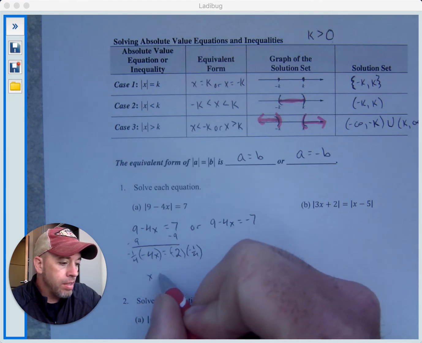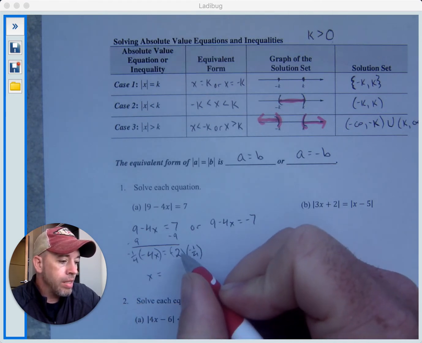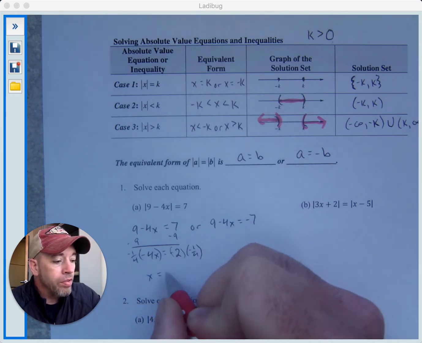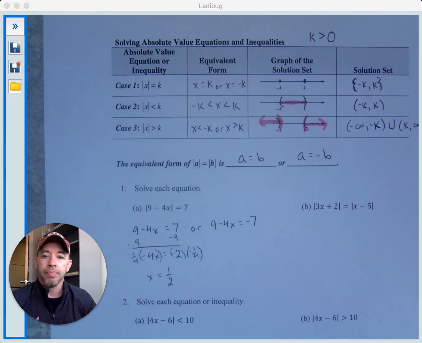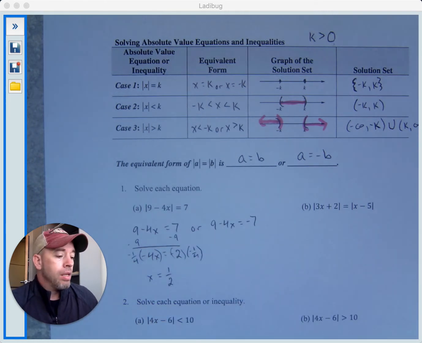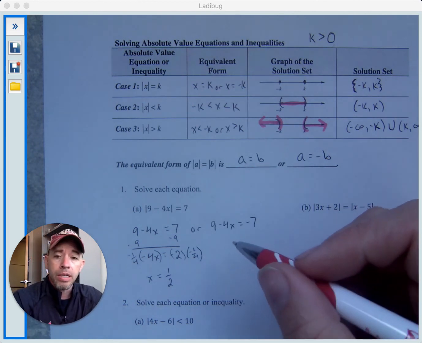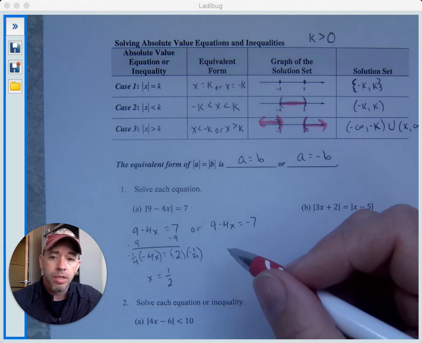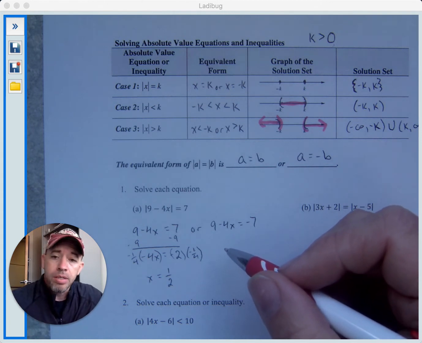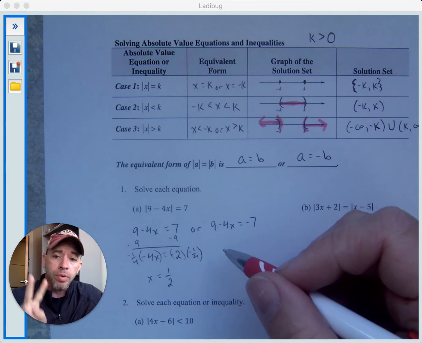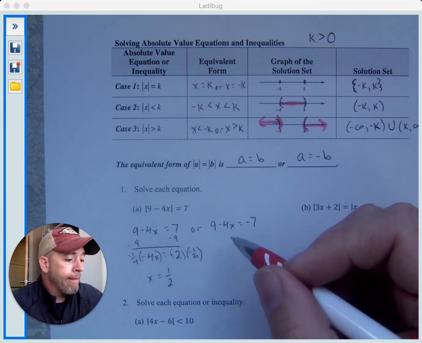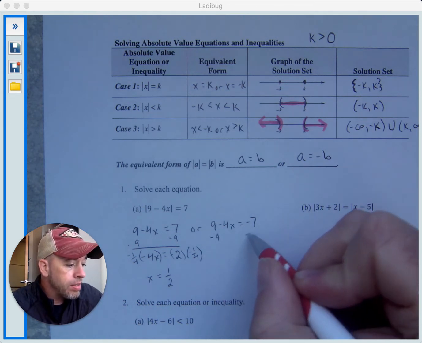We get x is equal to negative 2 times negative 1/4, which is just positive 1/2. Okay, so that's one solution. The other part gives us another solution. Most absolute value equations will have two solutions. Some of them may only have one, and some of them may have none, but most of them will have two.